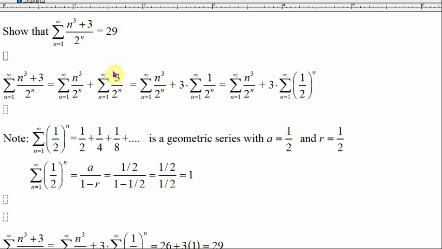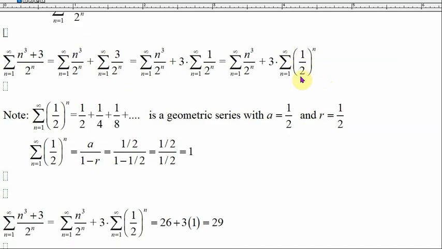And then this part right here is the same as 3 times the summation of 1 over 2 to the n, and 1 over 2 to the n is the same as (1/2) to the n. And again, we have shown earlier that this is a geometric series with a equal to 1/2, and r is also equal to 1/2. And so this part here converges to 1.